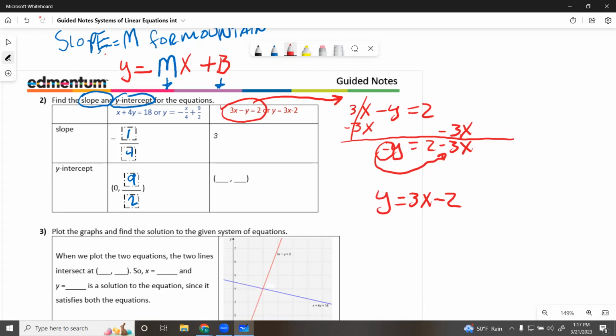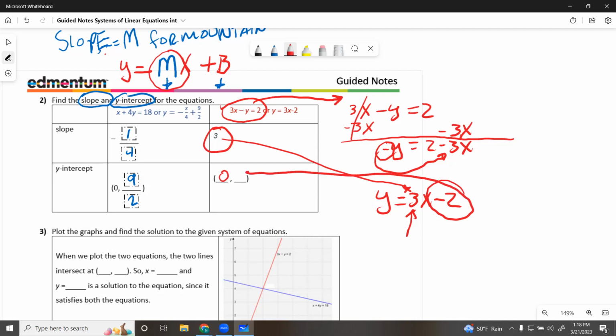Now, if slope is m, then our slope is right here. So that's 3. Okay? Bam. That's how we got that. This is 0 here, and negative 2 goes right there.